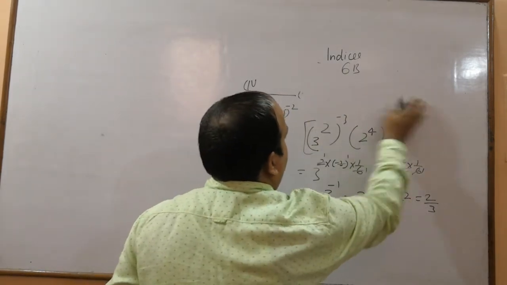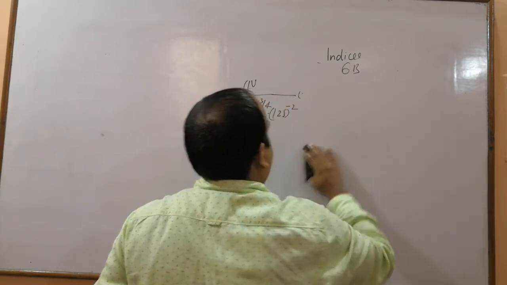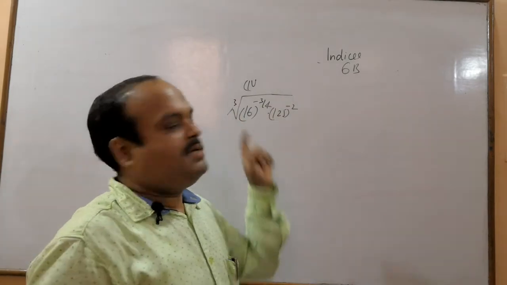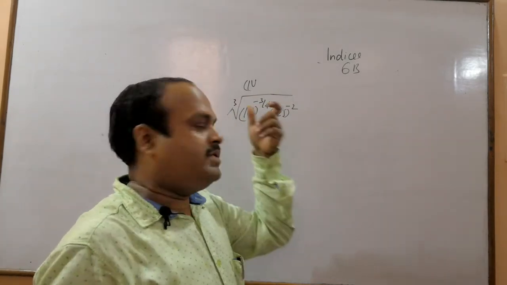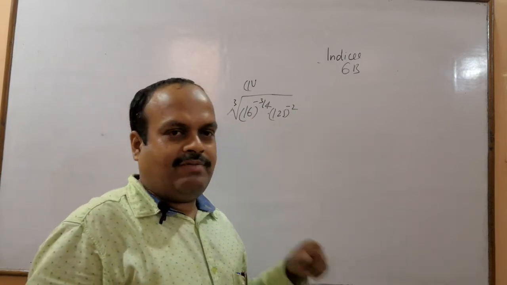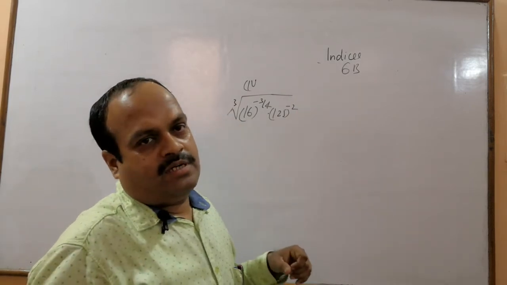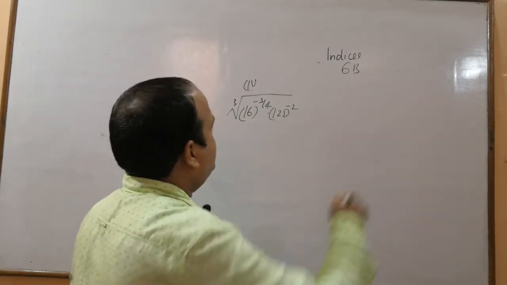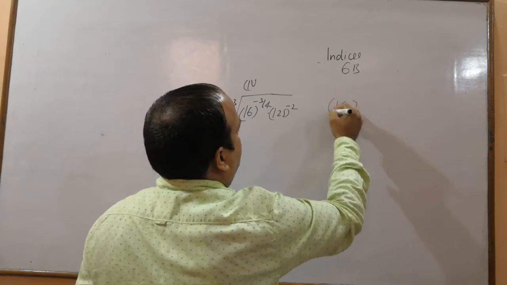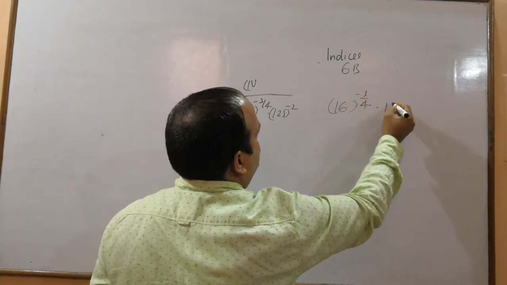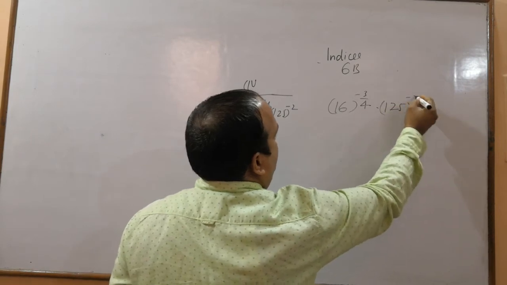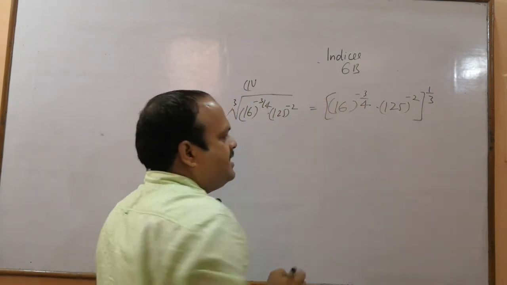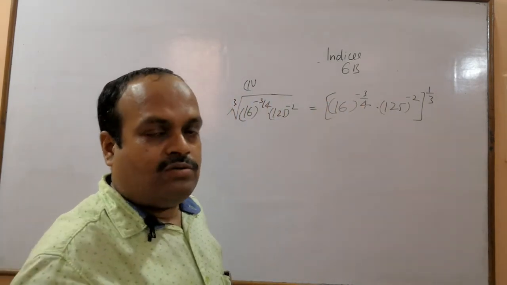Okay, let us evaluate this. As I said, this symbol can be removed to express this number in exponential form. This is called surd form. So this surd can be written exponentially as 16 to the power minus 3 by 4 into 125 to the power minus 2, raised to 1 by 3.